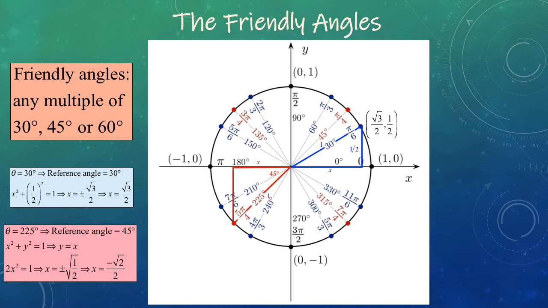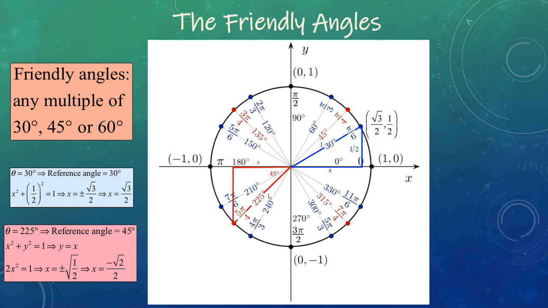Let's do another one, this time 225 degrees. We draw this angle in the third quadrant and realize that the reference angle is 45 degrees. Setting up our 45, 45, 90 triangle, we know that x squared plus y squared is equal to 1, but in a 45, 45, 90 triangle, y is equal to x.